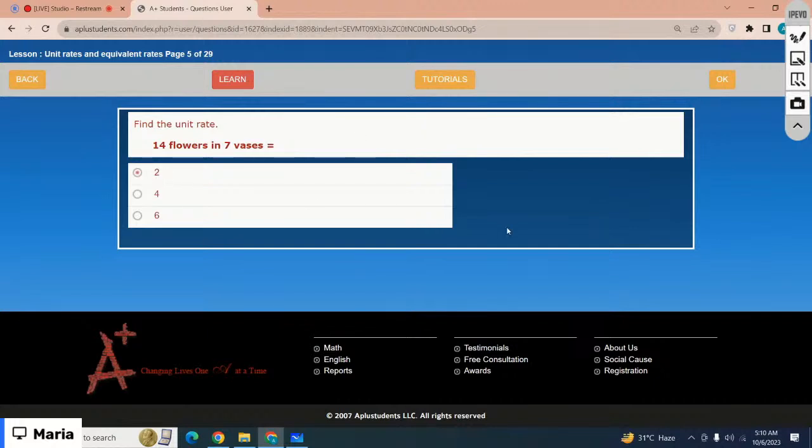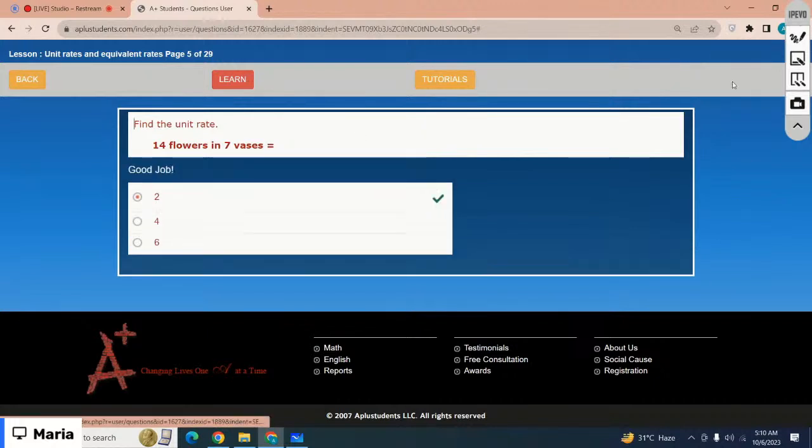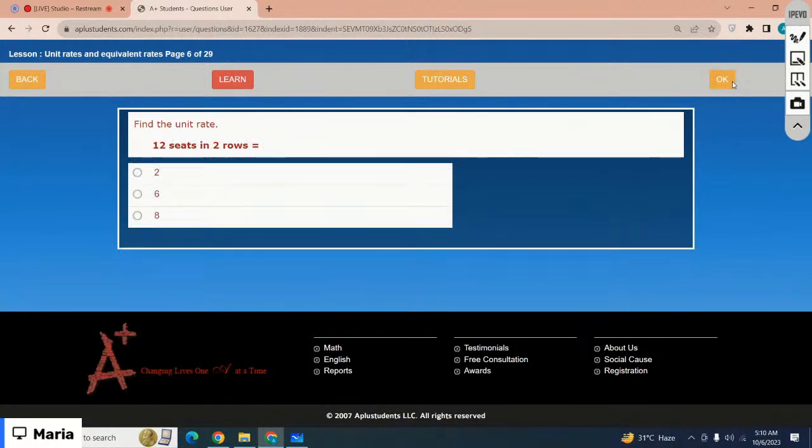Very good. Find the unit rate: 12 seats in 2 rows. Which is the correct option?